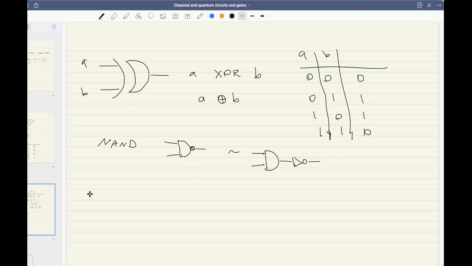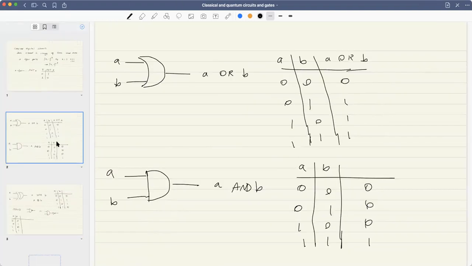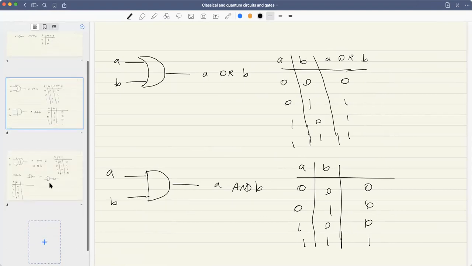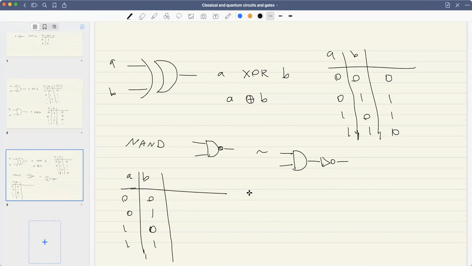So you can imagine what it does is, suppose I have A, B, again, 0,0, 0,1, 1,0, 1,1. So if you take the AND here, I'm going to get 1 when they're 1,1 and 0 in all other cases. So in this case, I'm going to get the opposite of that, which is 1 in these cases and 0 in this case.